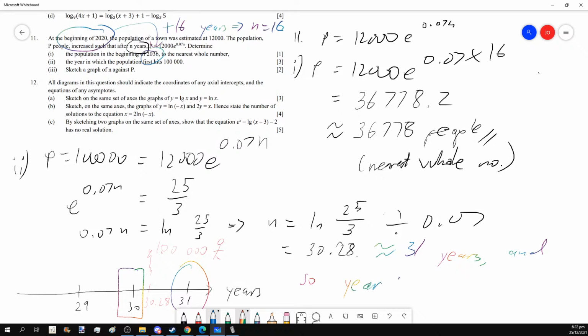And so the year will actually be 2051, not 2050. Now, there is some room for contention over here, which some people will argue about, which is that the math problem says the year in which the population hits 100,000.